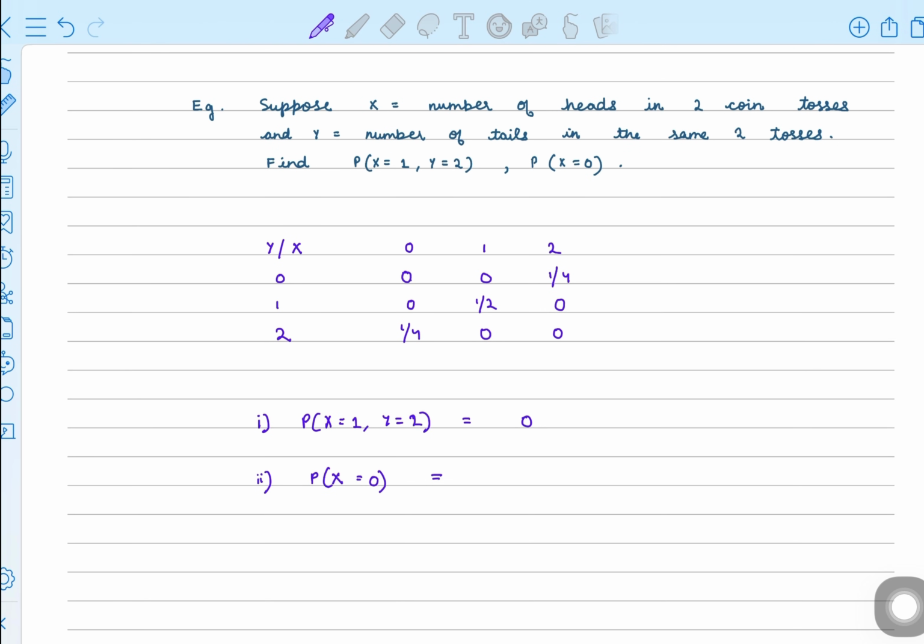This gives us 0 when x is 0 and y is 0, 0 when x is equal to 0 and y is equal to 1, and 1 by 4 when x is equal to 0 and y is equal to 2. So we add all of these, which gives us 1 upon 4.